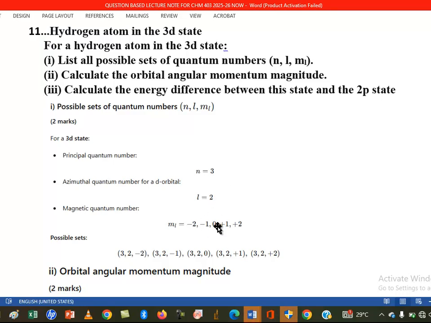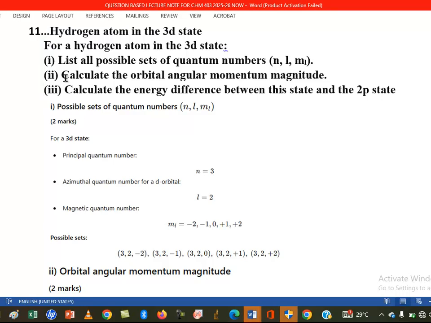What is changing is your m. You have 3 and 2, which are constant all through the sets. So you have 3, 2, minus 2; 3, 2, minus 1; 3, 2, 0; 3, 2, plus 1; and 3, 2, plus 2. So how many sets do you have? 1, 2, 3, 4, 5. So there should be 5.